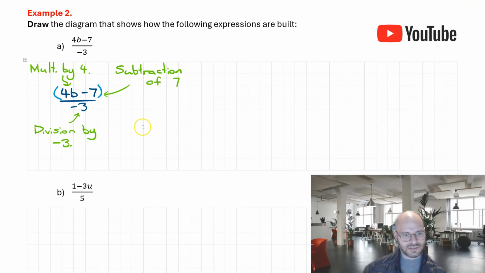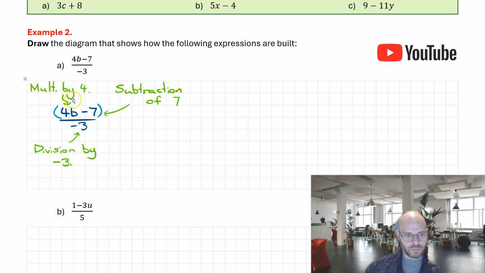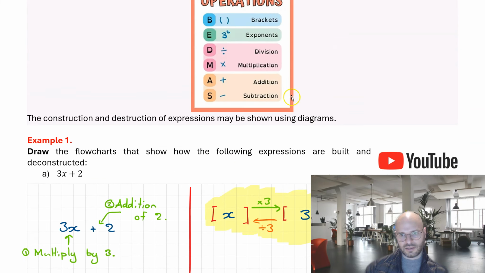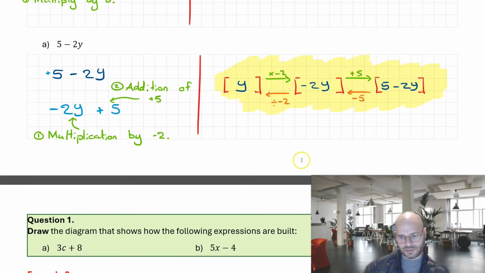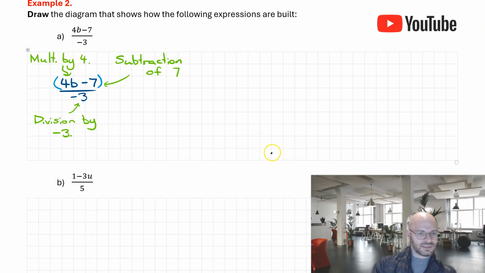So what this implies is that, firstly, the multiplication and the subtraction have to occur first, and then finally the division can occur last when we're evaluating this. Why? Because we do our brackets first, then inside the brackets we have subtraction and we have multiplication. So the order in which this is going to occur is, firstly, multiplication, subtraction, and then finally this division here.